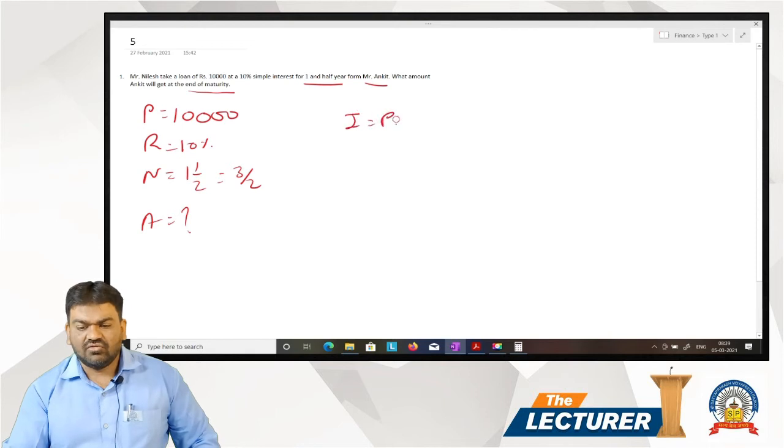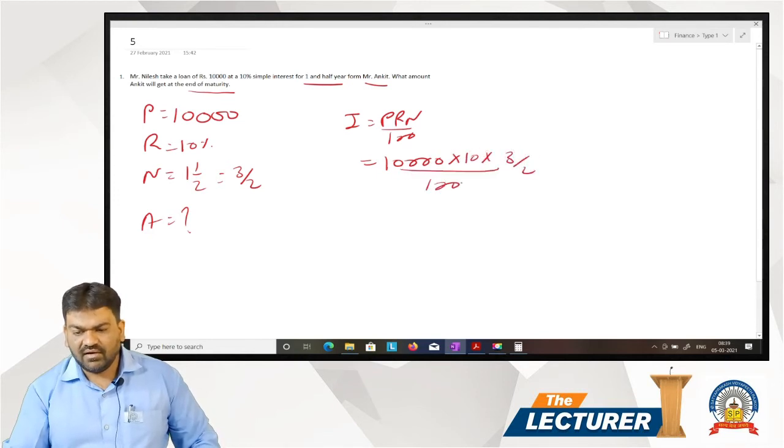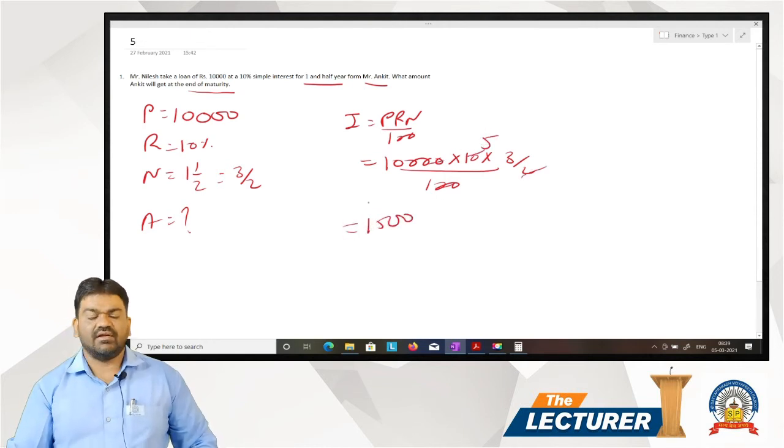I is equal to PRN upon 100, 10,000 multiplied by 10 multiplied by 3/2 divided by 100, 1,500.